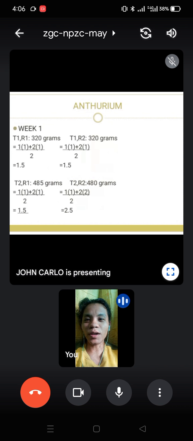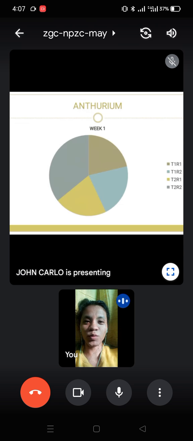In T2R1, they have 485 grams for wax. 1 times 1 plus 2 times 1, divided by 2, equals 1.5 in T2R1 for wax. In T2R2 for control, they have 480 grams, 1 times 1 plus 2 times 2, divided by 2, equals 2.5 in T2R2 for control. This is the graph for anthurium in week 1.